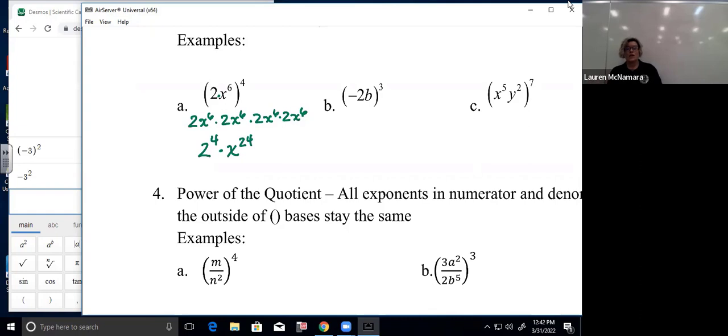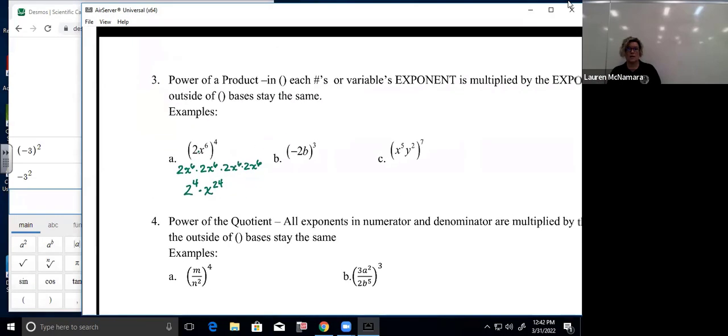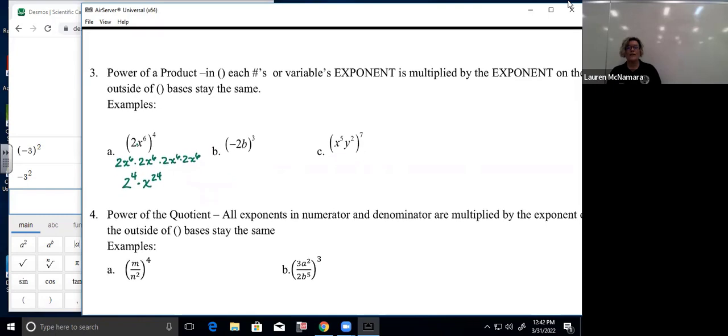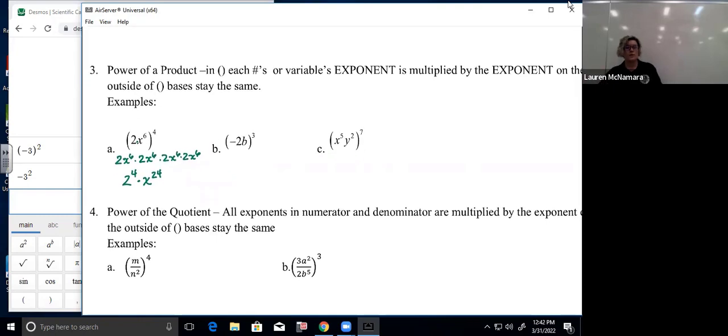So I can look at this and I say, in my parentheses, make sure that you have all of your exponents written, okay? So every variable or number's exponent is multiplied by the exponent on the outside, not the number, but the exponent. So now I do have 2 to the 4th.